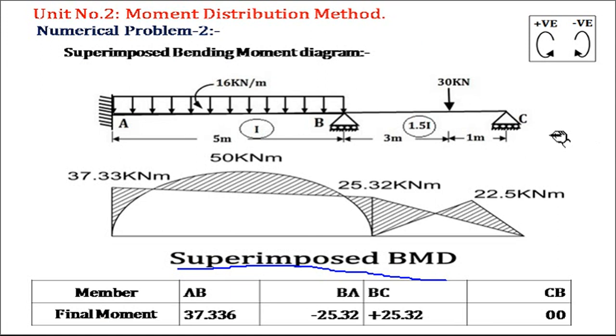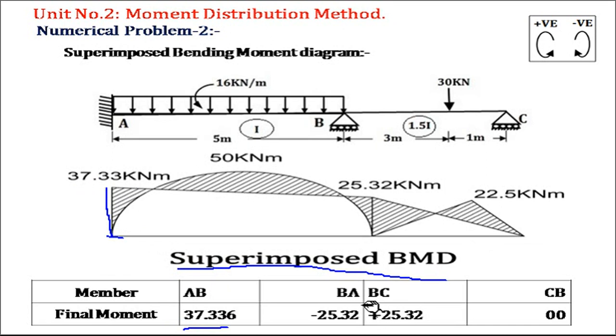Now first we will draw the fixed bending moment diagram. First we have to draw a horizontal line. Now at point A, the value of bending moment is 37.336, so here you have to show one vertical line and show the value 37.33.